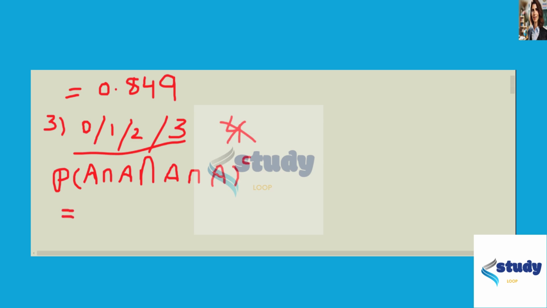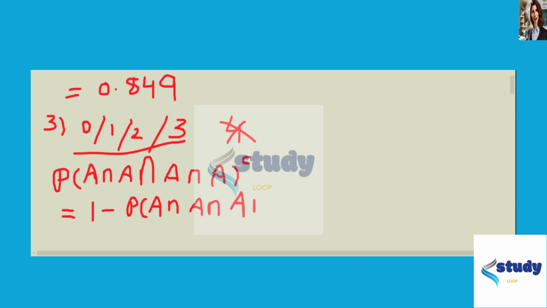So clearly this is equal to 1 minus probability of all the 4 persons being type A. We have written this using the complement rule.